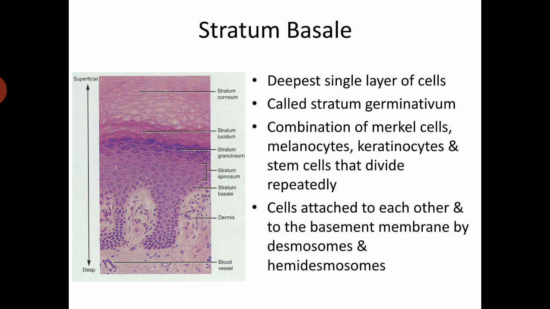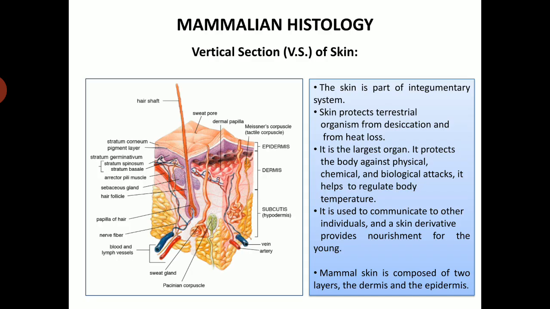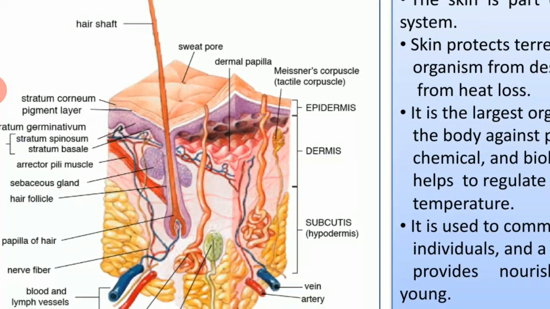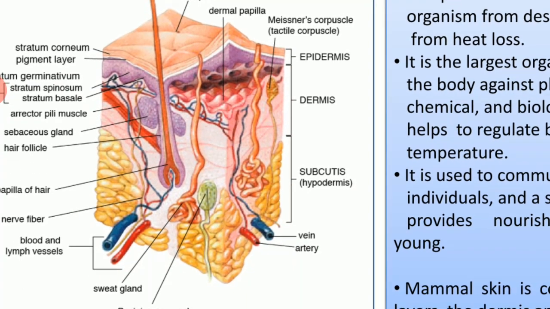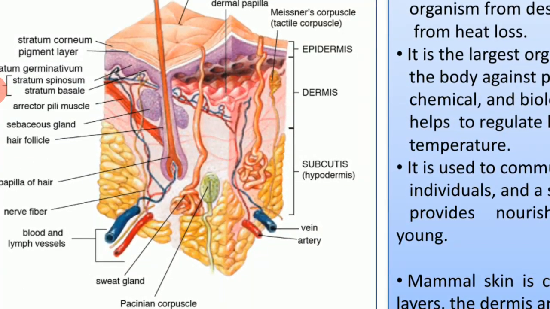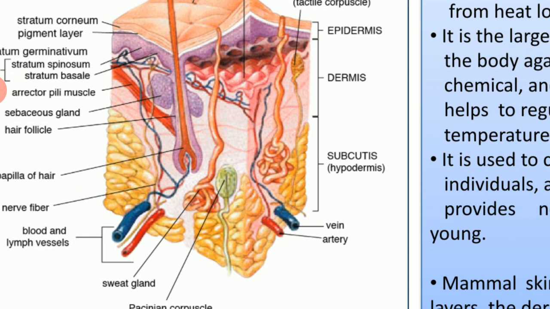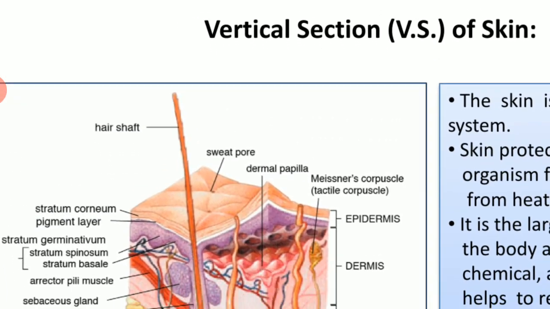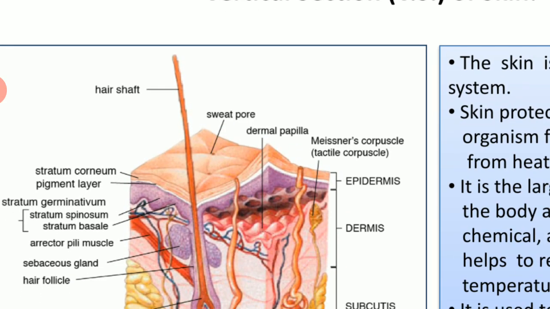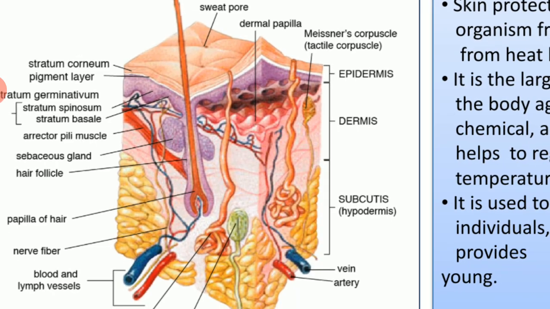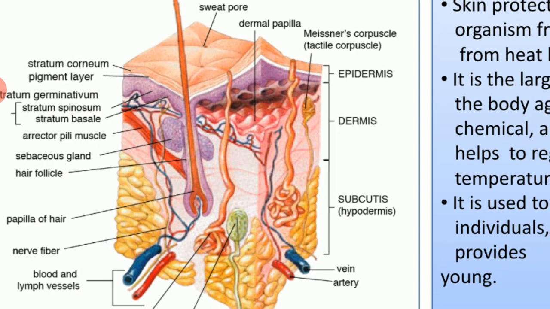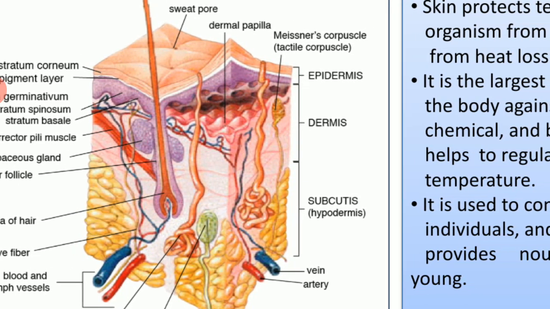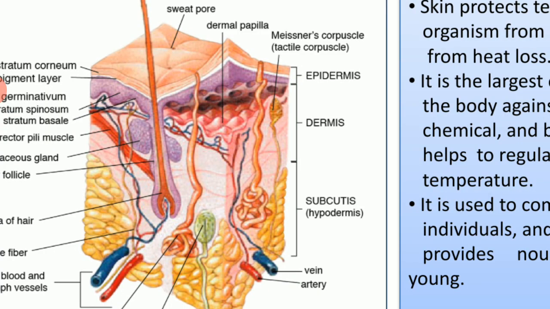You must have seen in the first picture, if you go back, the three layers of skin, that is epidermis, dermis, and subcutaneous, that is the hypodermis. In this figure, if you see in detail, epidermis is the outer layer, then comes the dermis, and then the hypodermis.